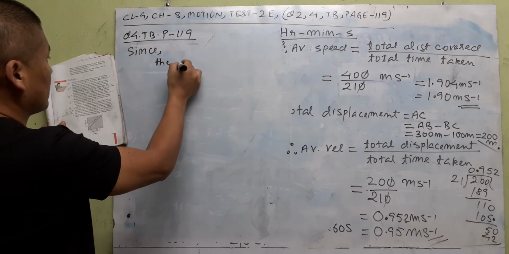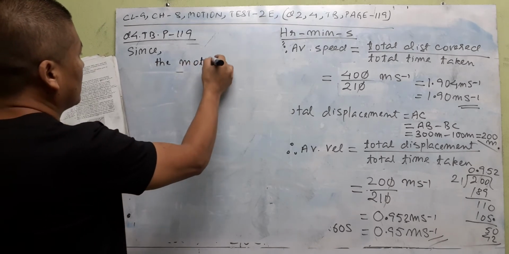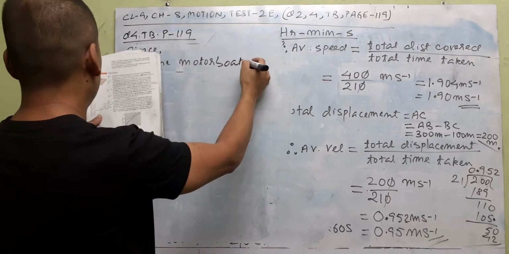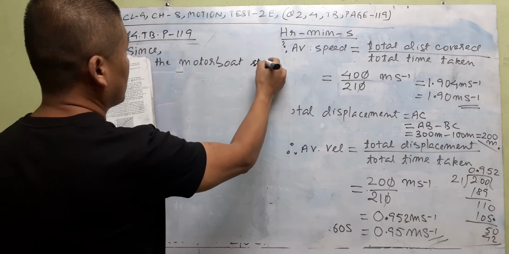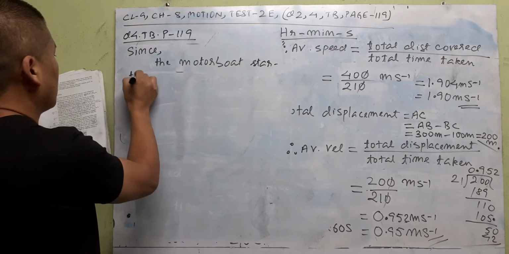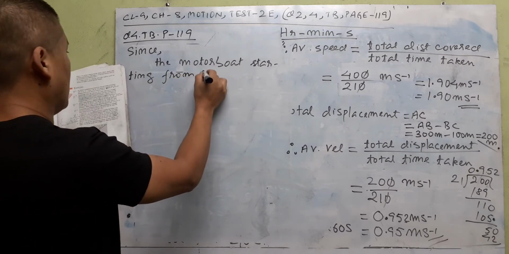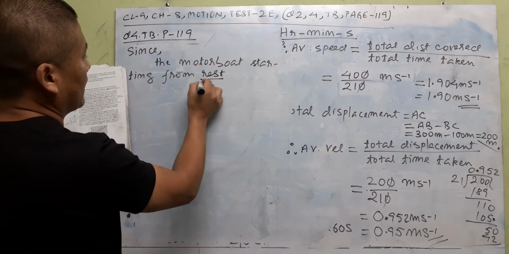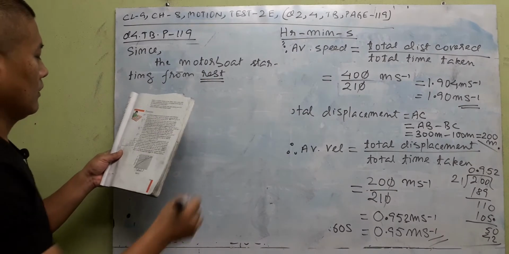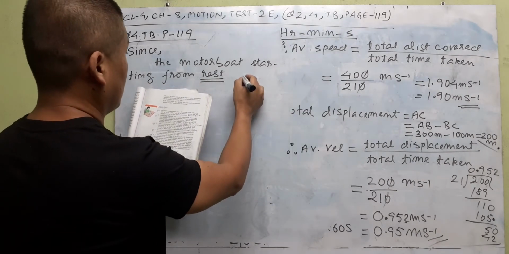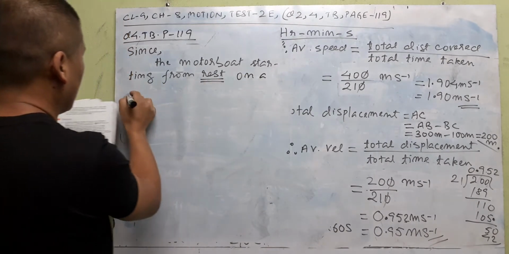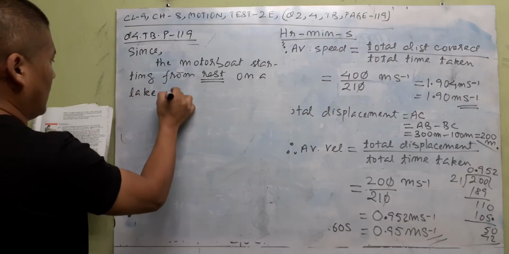The particular motorboat, starting from rest. So this is an important word here, a key word, right? From rest on a lake, accelerates.